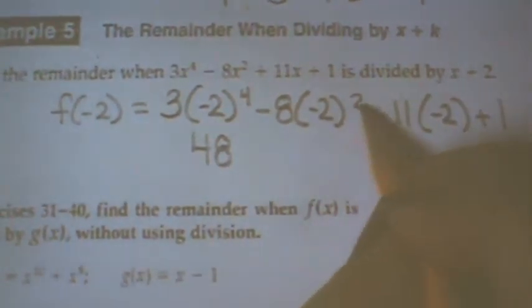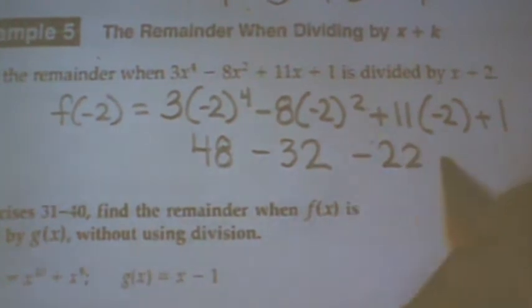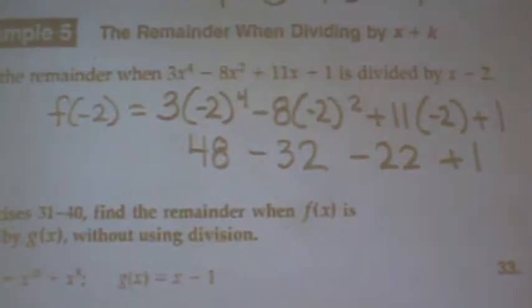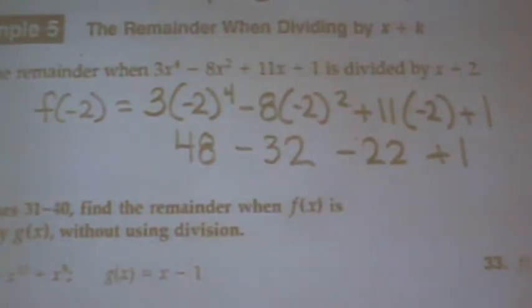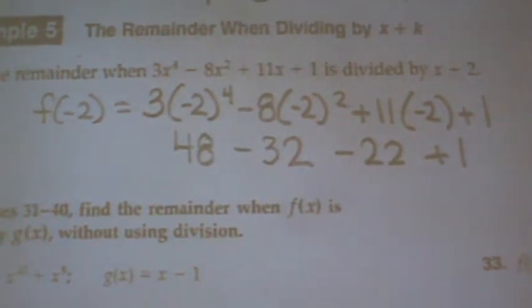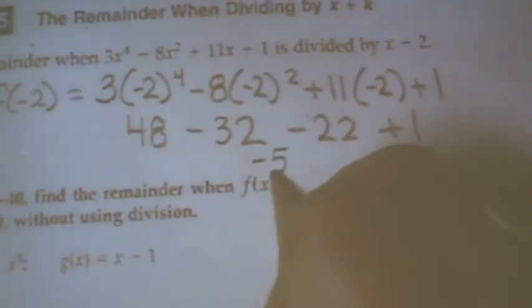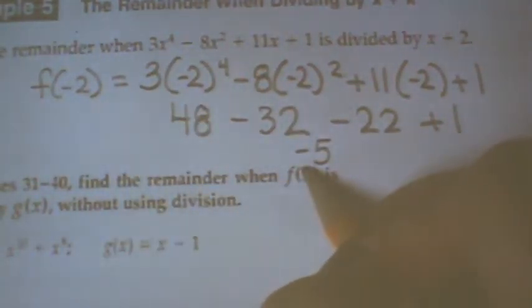This is going to be 4, negative 32, minus 22 plus 1. Add those up, what do you get? I got negative 5. 48 minus 32 minus 22 plus 1. I got negative 5. So what is the remainder? Negative 5.